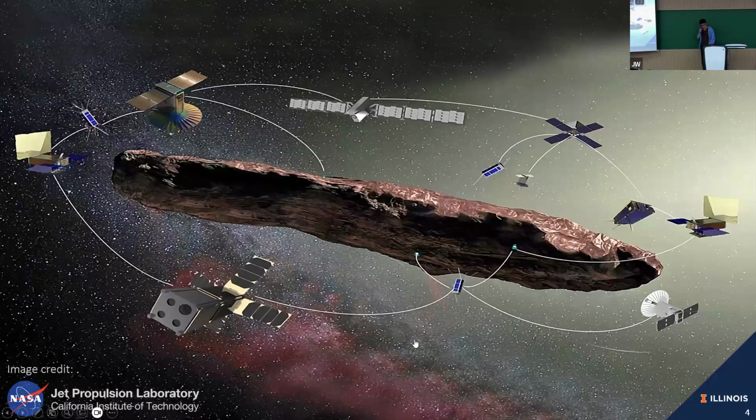This is another project, about Oumuamua, one of the interstellar objects that came to the Earth back in 2017-ish, if I remember correctly. We are expecting a lot more in the future. Now there's another layer of uncertainty if you move on to multi-agent systems.